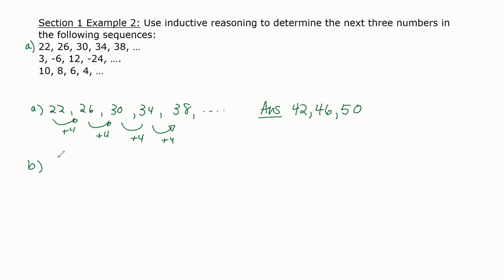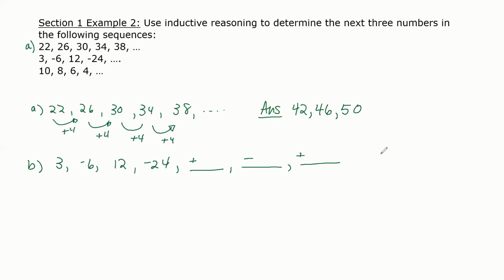B, we have 3, -6, 12, -24. Often students find it easier to just think about the signs separately than the numbers. So we have a positive number, a negative number, a positive number, a negative number, and that will continue. Next, we would have a positive number, and then a negative number, and then a positive number.